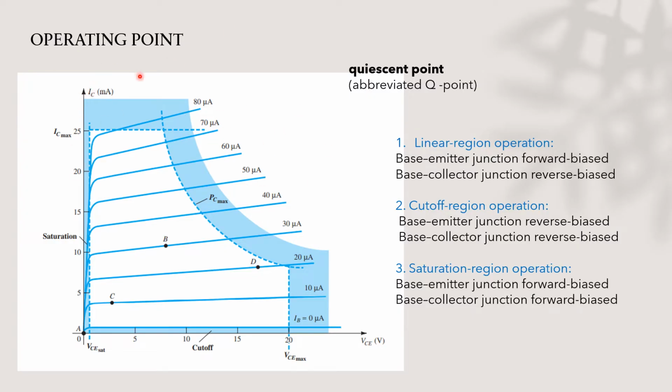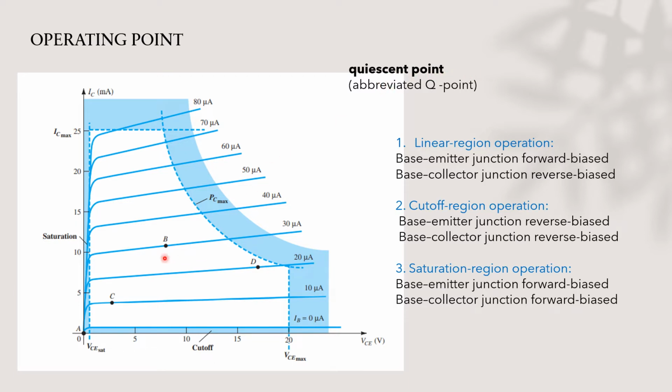So in a bipolar junction transistor or BJT, as you can see here in the graph, these are the operating points of the transistor. We have what we call the quiescent point.